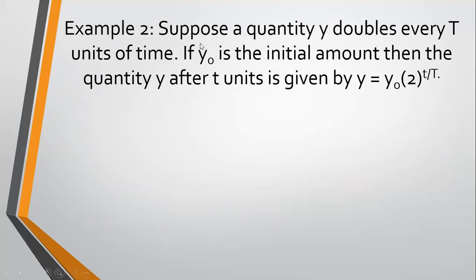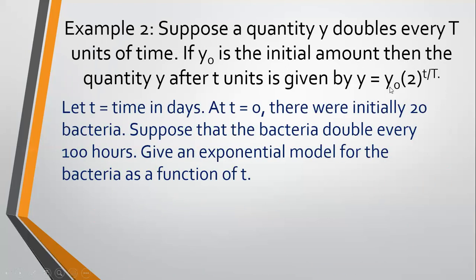Suppose a quantity y doubles every t units of time. Since it doubles, meaning it's population growth. If y sub 0 is the initial amount, then the quantity y after t units is given by y equals y sub 0 times 2 raised to t over t. So that's the basic formula for population growth.